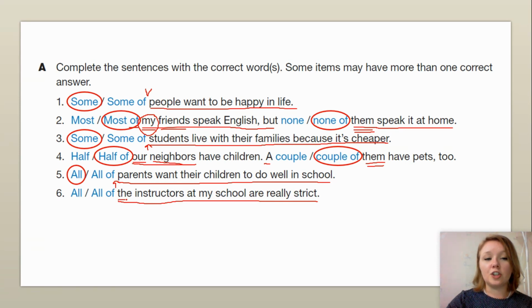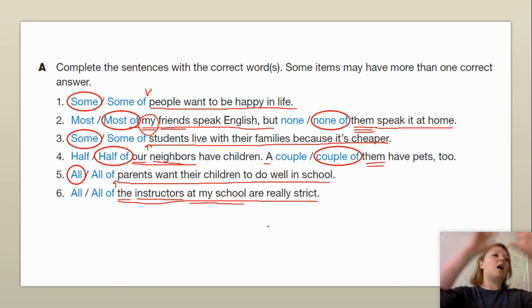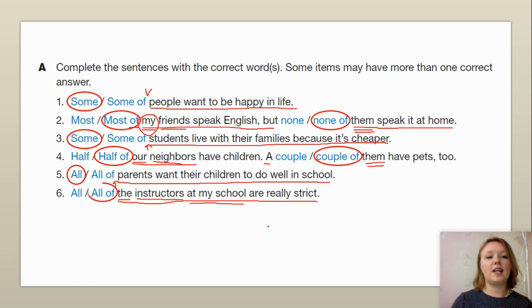Here we see a determiner, the, and then a plural count noun, instructors, at my school. So this is not about all people everywhere. It is specific, right? So we'd say all of. All of the instructors at my school are really strict.